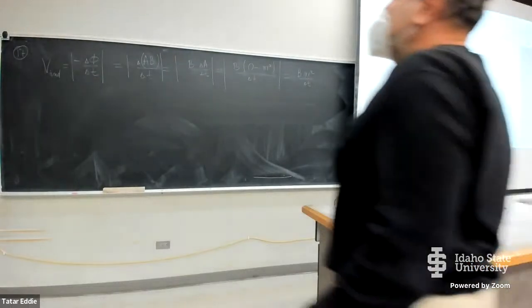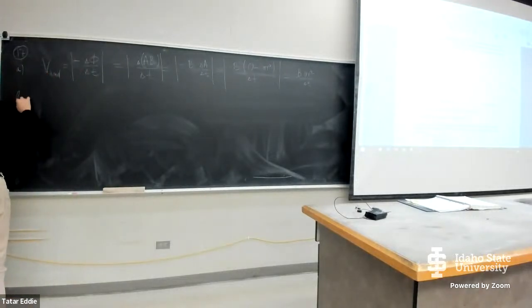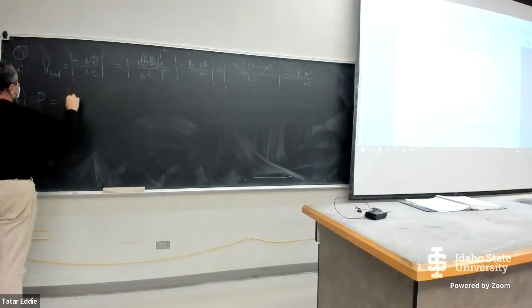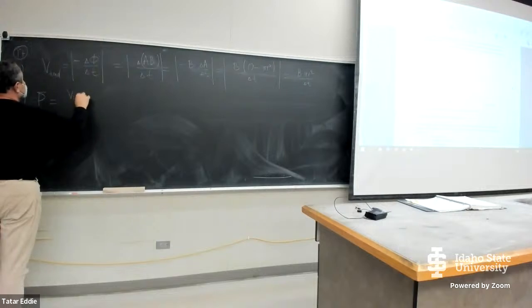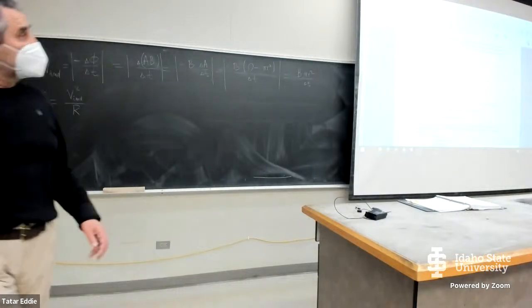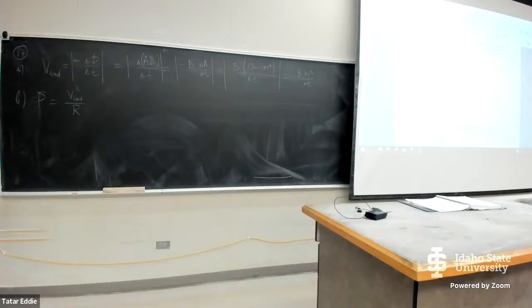The rate of heat generation. So this is A. The average rate of heat generation is going to be V induced squared divided by the resistance of this loop. I think I was confused because I didn't know that the rate of heat generation was power. Right, average power. Rate means energy per unit time.